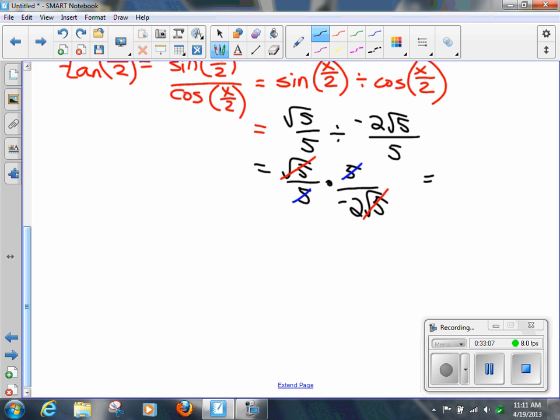We are cross-canceling fractions. The negative 2 and root 5 are not added or subtracted. The only way you hold hands is if you add or subtract. If you didn't want to cross-cancel, you don't have to write this down.